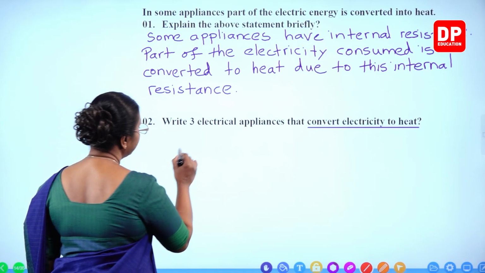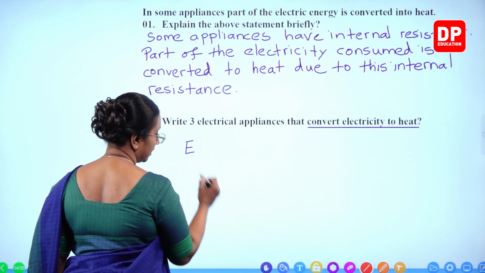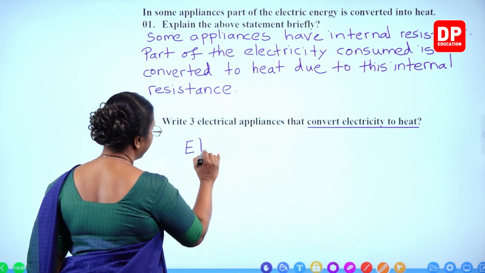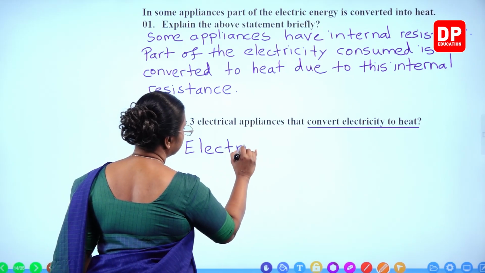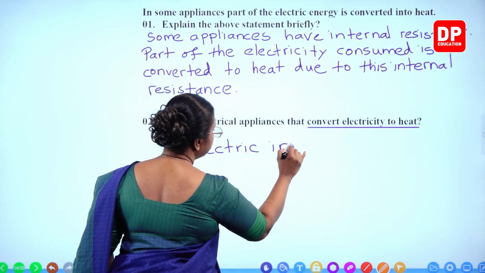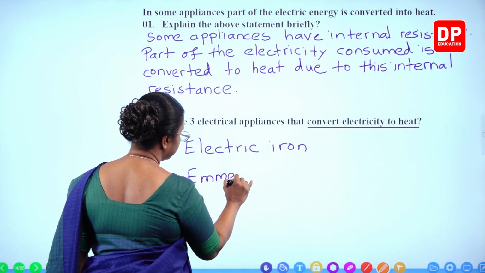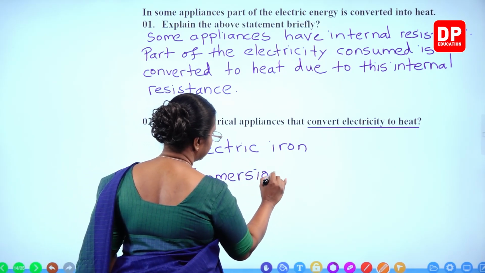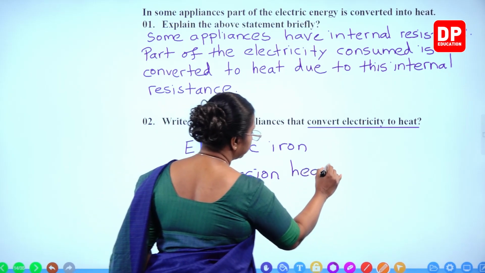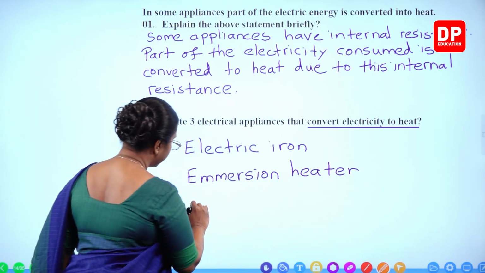So I can write electric iron, then immersion heater, and rice cooker.